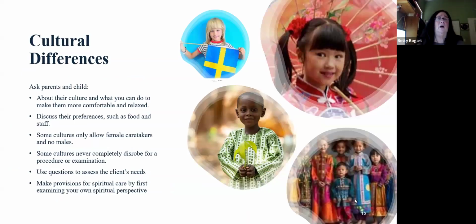Cultural differences, we've talked a little bit about it today. Remember, about culture, make sure that if you don't understand a culture, you find out from the parent or an older child. It could be something that has to do with the type of foods they want to eat. It could be that some of them only want female caregivers and no males with their daughter, and that can happen, and I've seen it happen before.